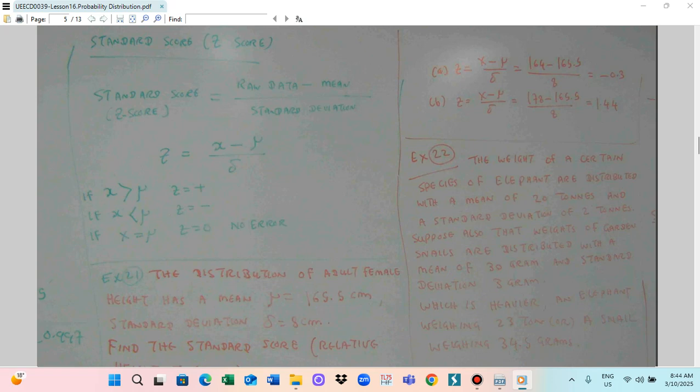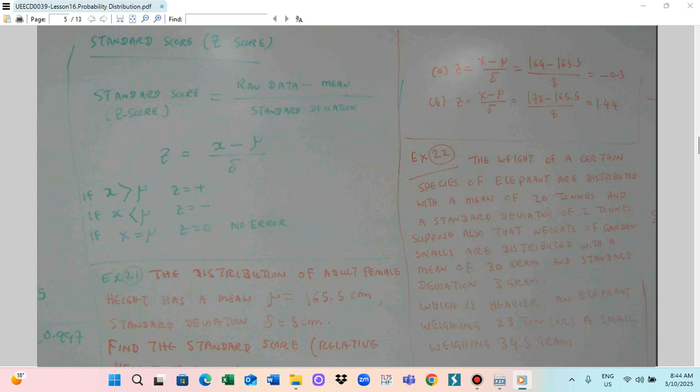Next problem, I will show you how to utilize it. This is example 21. We have to find the female height. For the distribution of female height, the mean mu is equal to 165.5 centimeters and the standard deviation delta is 8 centimeters.